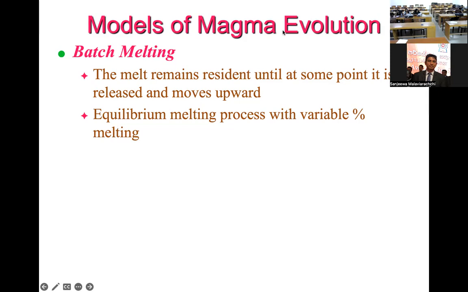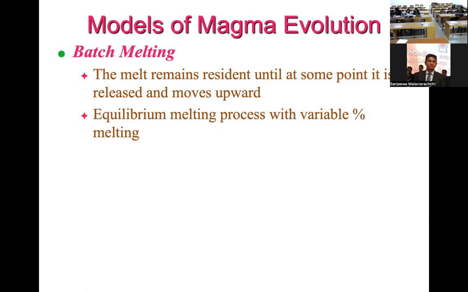Okay, right. So I think you can remember we mentioned the modes of melting. Different types of melting are available in the igneous systems. The simplest mechanism of melting is batch melting. These are models, and that's why it is mentioned here as the models of magma evolution, right?